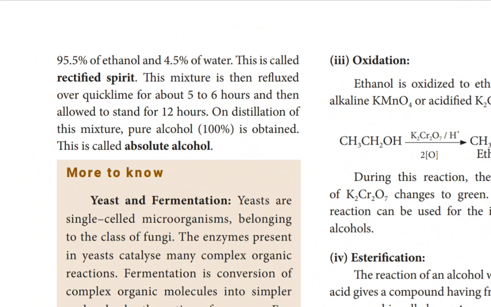Then reflux over quicklime gives 100% also by the continuous distillation. Reflux over quicklime 5 to 6 hours and stand for 12 hours. Then distillation gives pure 100% alcohol, which is called absolute alcohol.